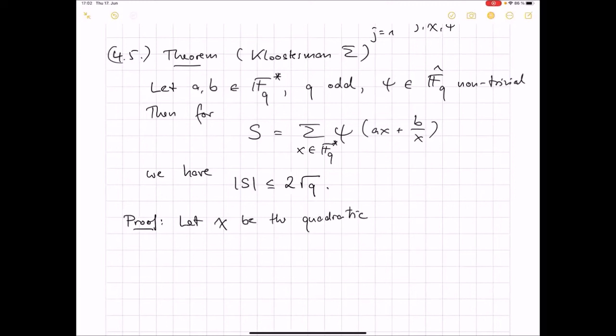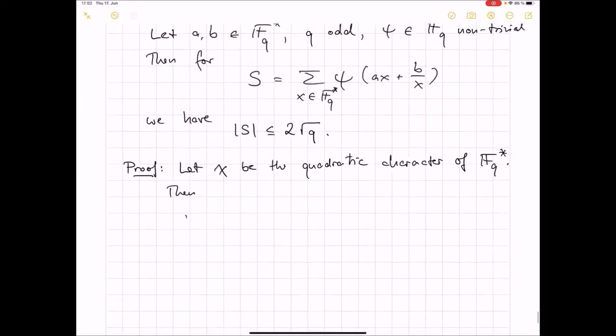The quadratic character of F_q star. Then S is the sum over all x in F_q of psi of x, and now I count how often ax plus b over x is a given value.